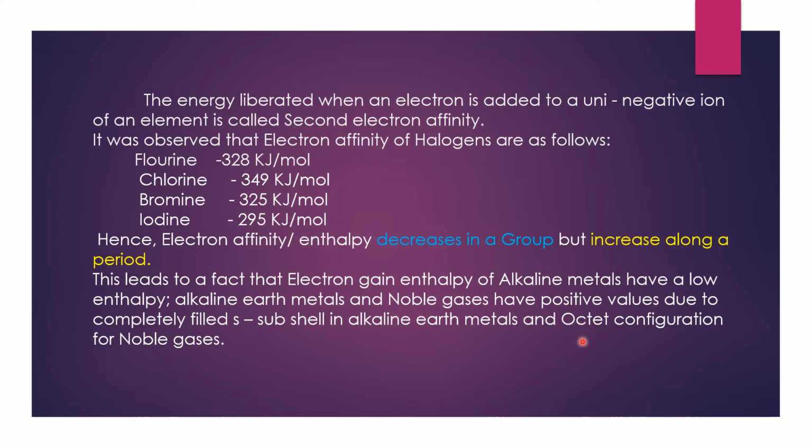So here stable configuration is showing its effect on electron gain enthalpy. So elements which have stable configuration have more electron gain enthalpy. And it is common in groups that electron gain enthalpy decreases, whereas in periods it increases.